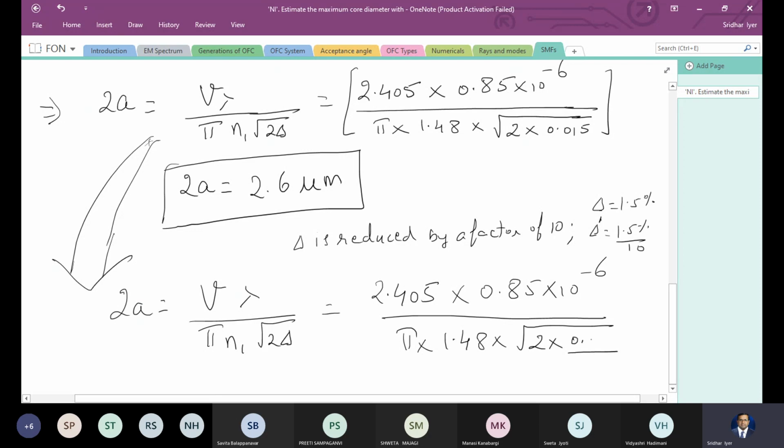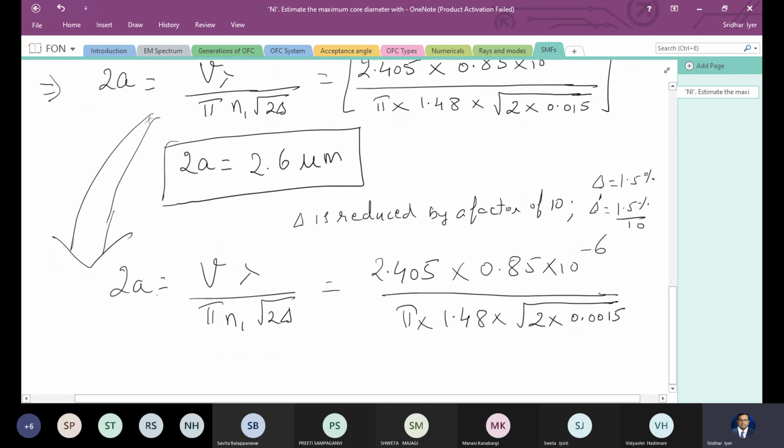So that answer will be 0.0015. That is the only change that we get in this equation. Rest of the factors are same.